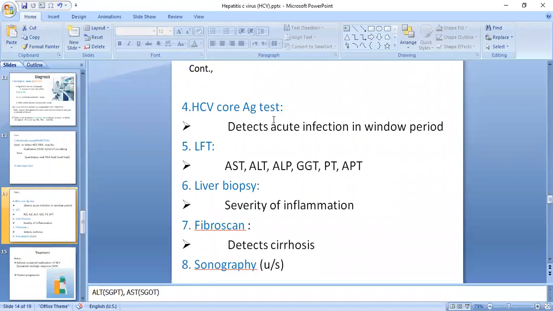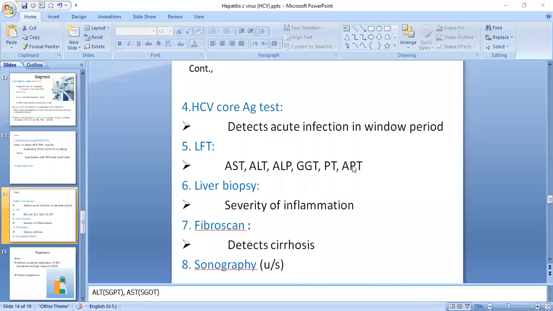Liver function test. This is essential to see whether the liver functions are altered or not, disturbed or not. Liver function tests are necessary, such as the transaminases AST, ALT, and gamma GT.